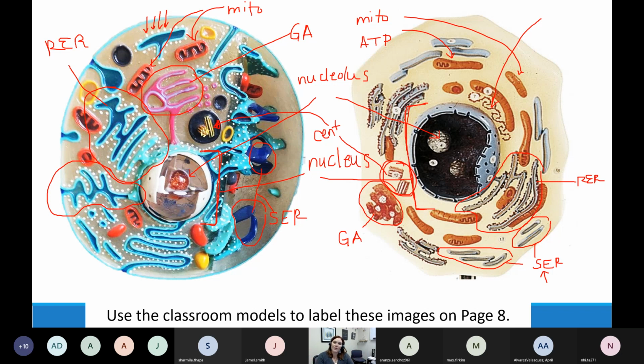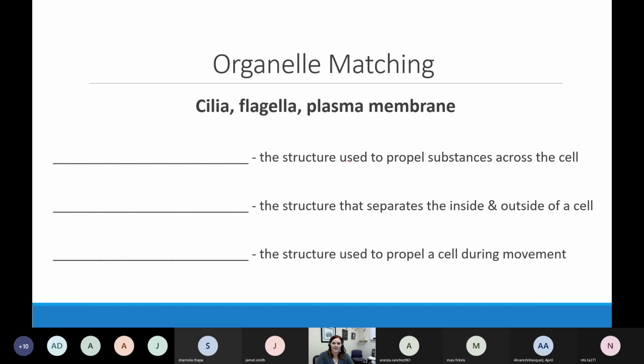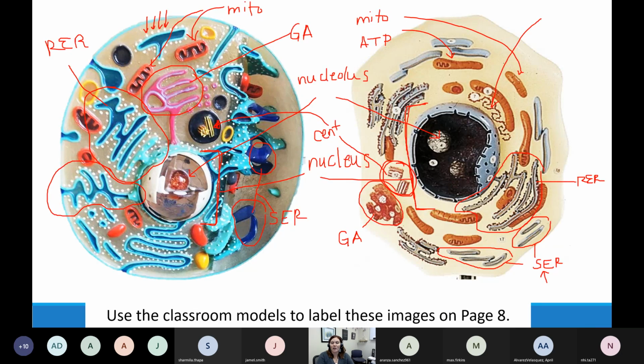There are some organelles that you'll notice in the word part. So you've got all these words here to match up with their functions. Some of the organelles that are listed here, you did not have to label. You just had to know their function, including a couple where I'm going to guess with you where they'd be found on the model, but I promise you I'm not going to actually ask you to identify them on a model. So the first one that I'm going to guess is these yellow ones that we see throughout the cell.